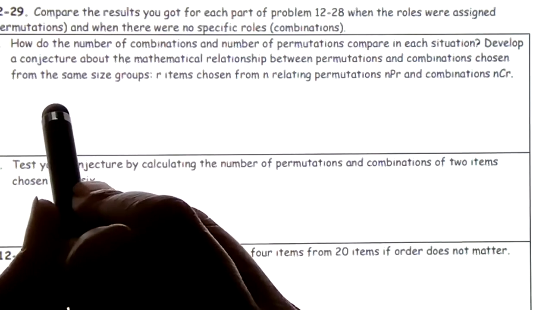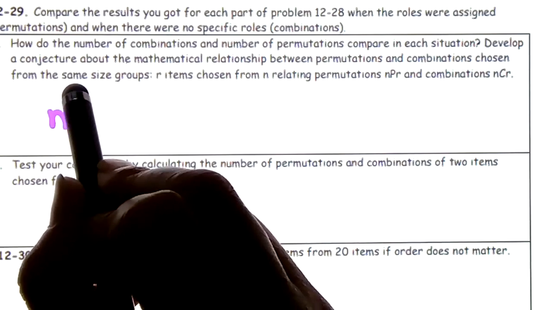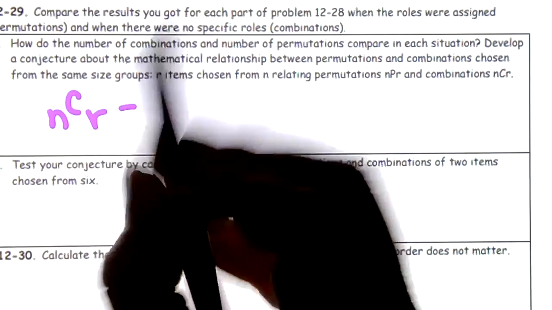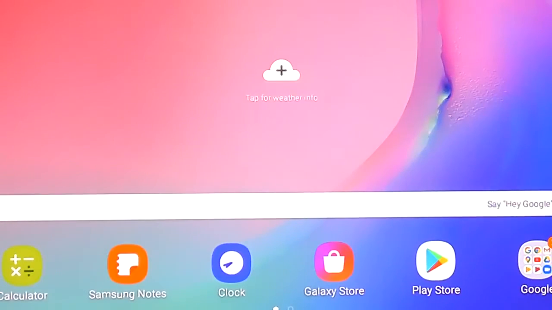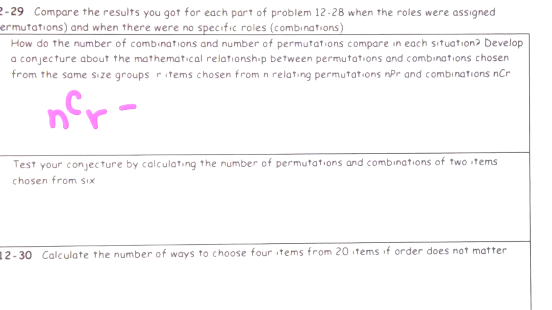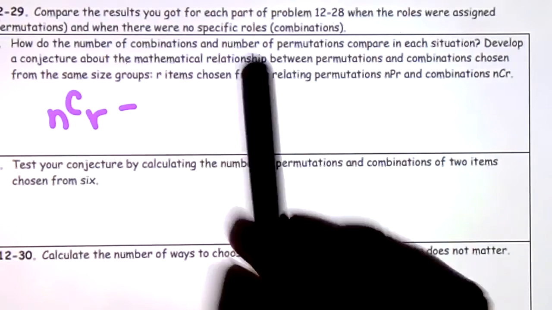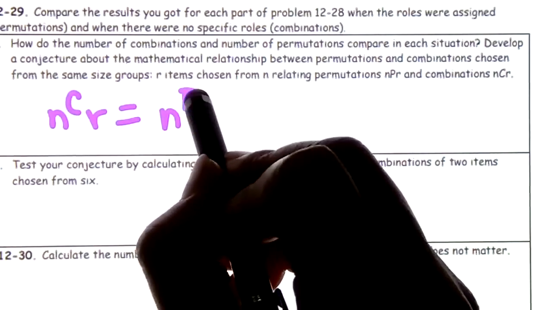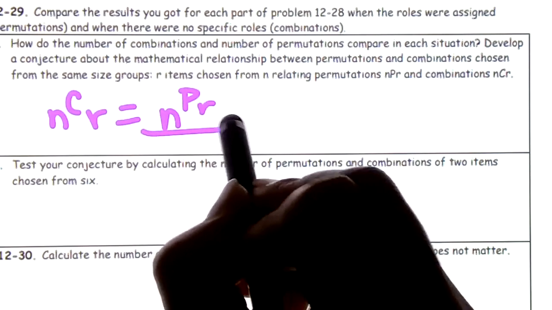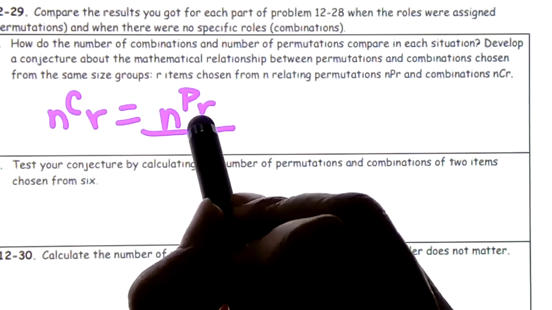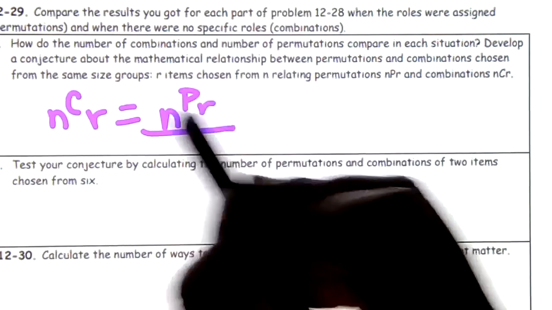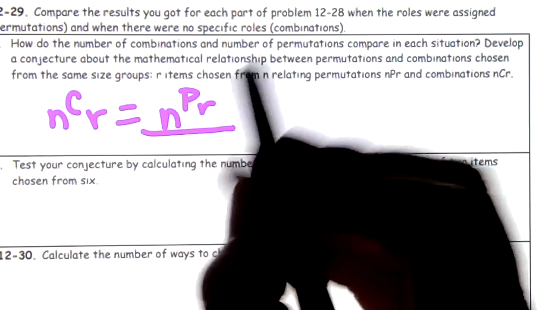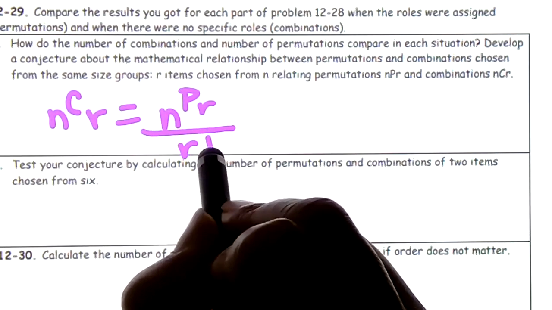So what happens is, again, remember, N choose R is equal to NPR, which is the permutation, which puts them in groups of R and then orders them in those groups, divided by R factorial.